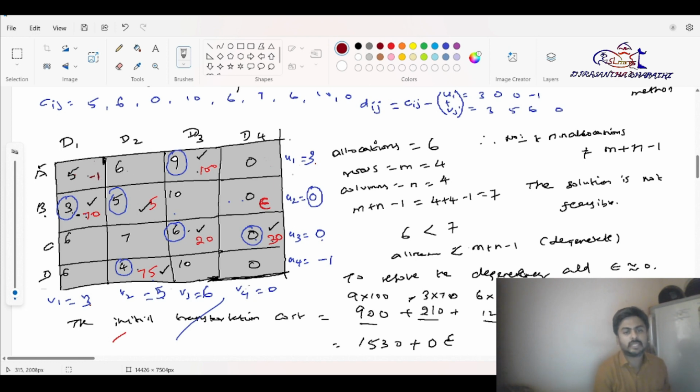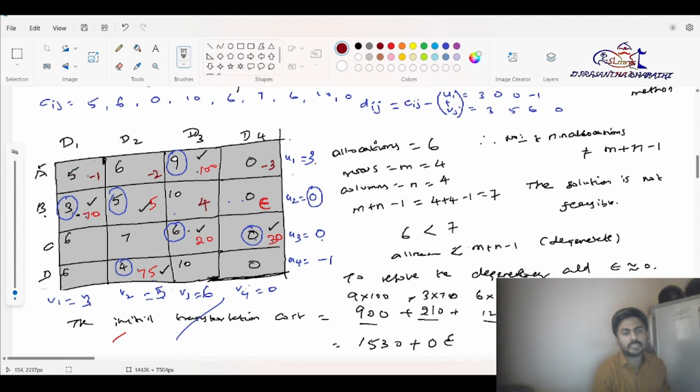You have 6 here; 3 plus 5 is 8, so 6 minus 8 is minus 2. Then here you have 0; 0 plus 3 is 3, so 0 minus 3 is minus 3. Here you have 10; 6 plus 0 is 6, so 10 minus 6 is 4.